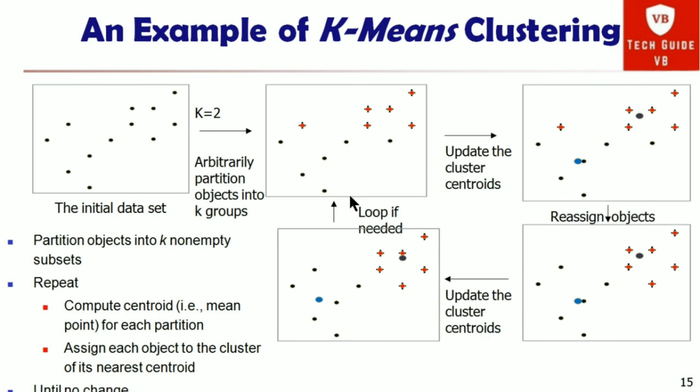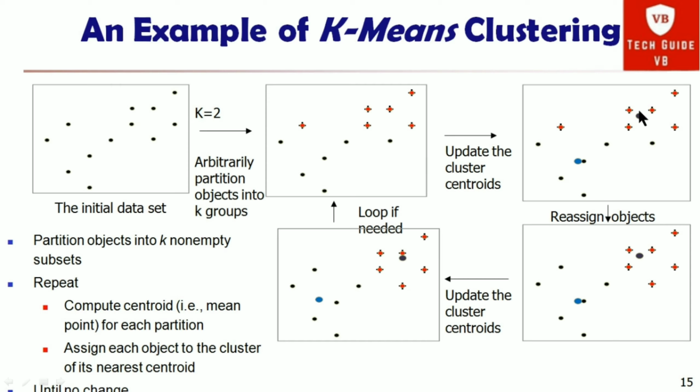Then the example of k-means clustering: the initial data set is given. Here, as you see, k is equal to 2, meaning we have to partition this into two parts or two clusters. In the red part, one partition is there, and in the black points there is the second partition. Then we update the cluster centroids.